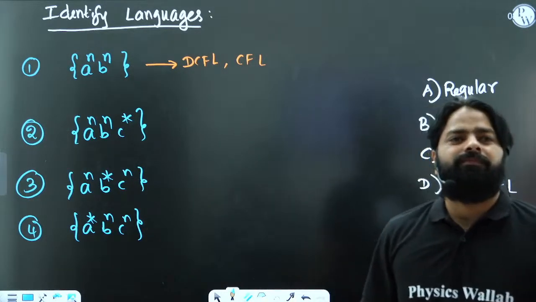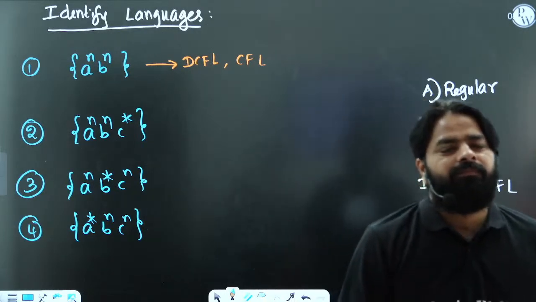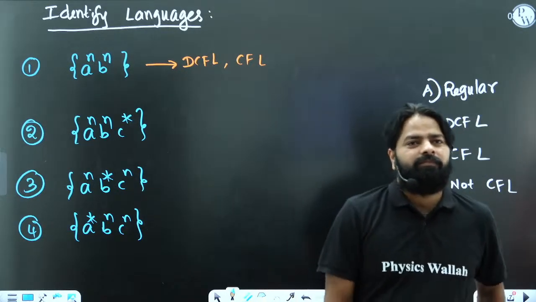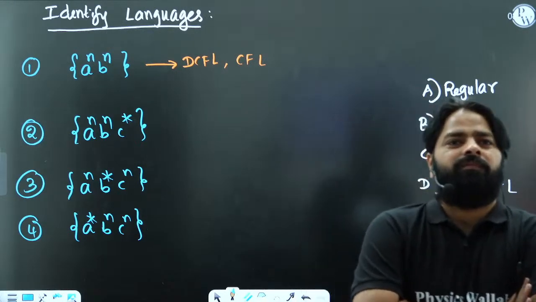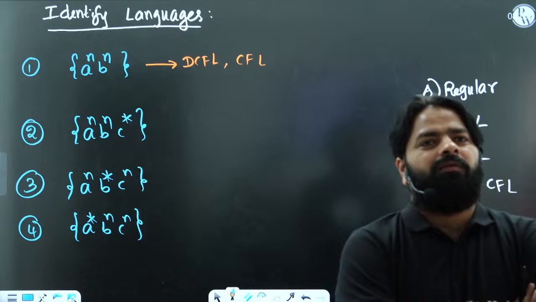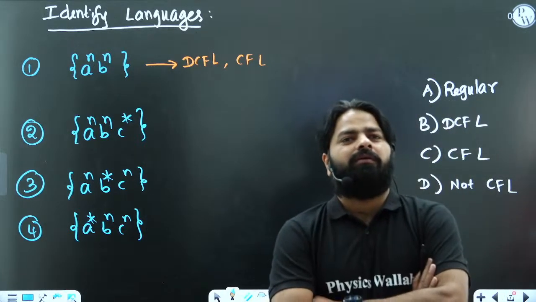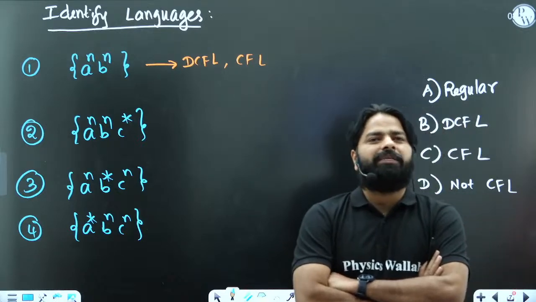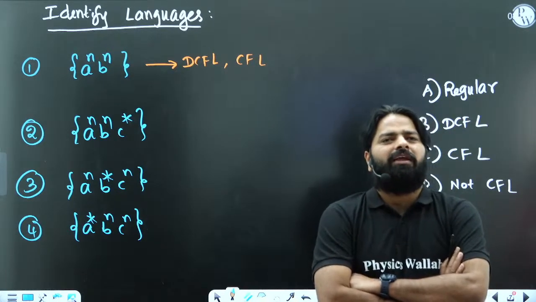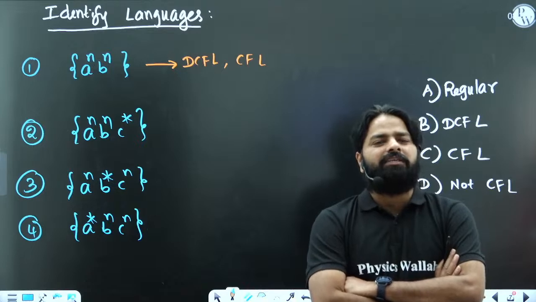Quick. Is that an expression? B power n you can replace with B star, that is a regular expression, so it is a regular language. If it is a regular language, that is a DCFL, then CFL.